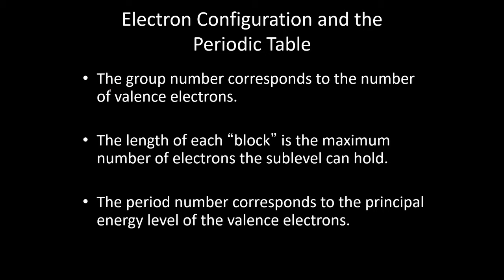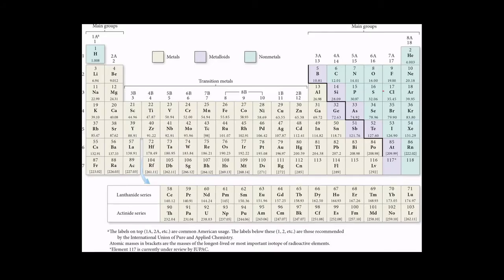So the very first point here, the group number corresponds to the number of valence electrons. This is actually incredibly handy. If you don't want to have to do what we just did in the last video, which is write out the whole electron configuration to figure out how many valence electrons you have, what you can do instead is look at the group number for at least the main groups.